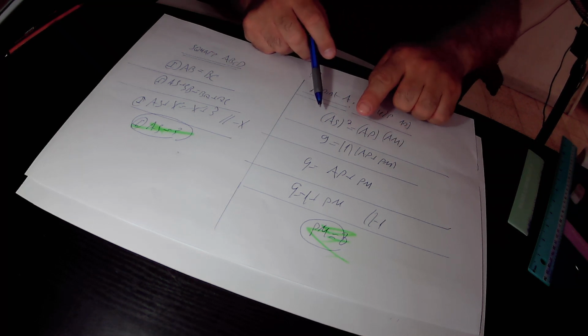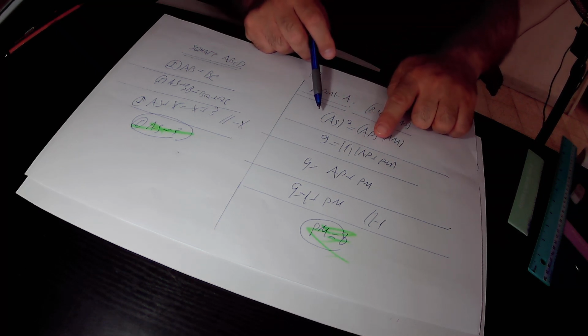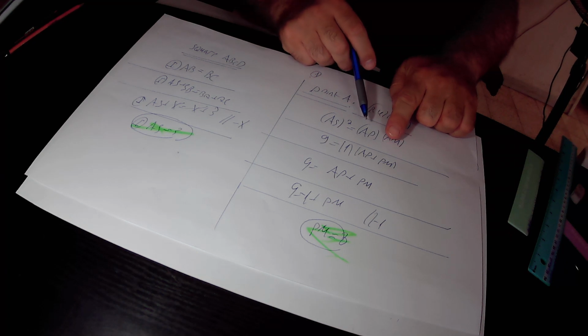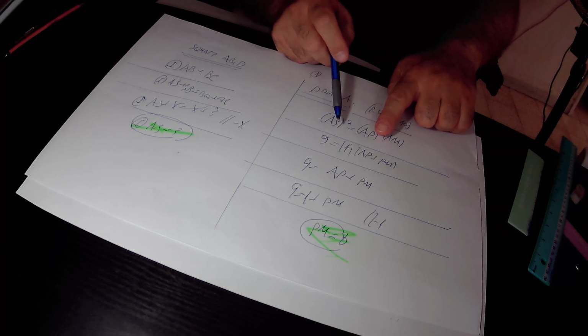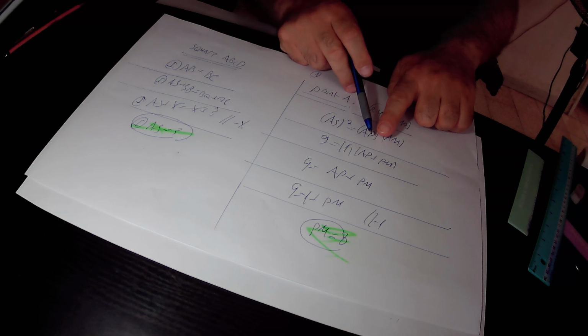So in total we found out that 9 equals 1 times (AP plus PM). 1 times any number is equal to the same number itself, so 9 equals AP plus PM. The multiplication by 1 will not change the value of the expression.